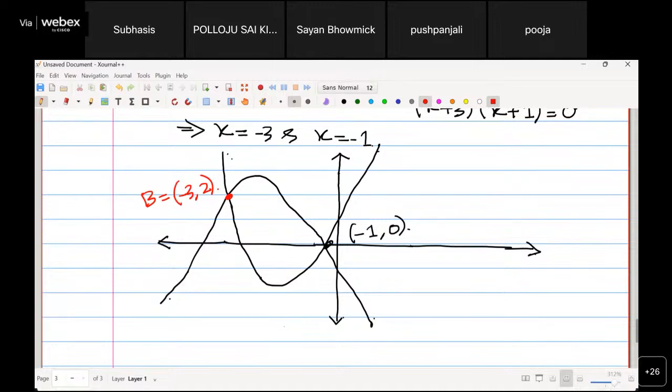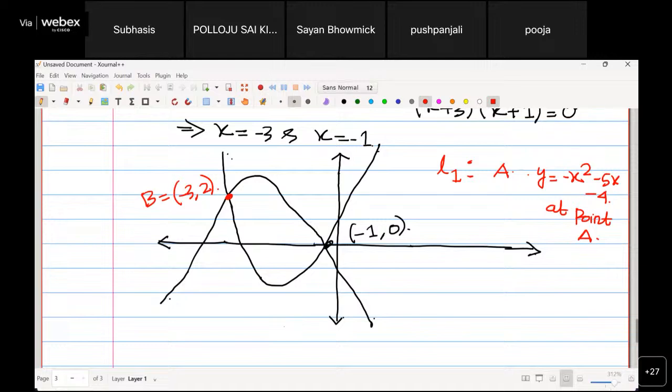Now it's saying, suppose you have a straight line L1 which passes through the point A, with slope equal to the slope of the parabola y equals minus x square minus 5x minus 4 at point A, right?